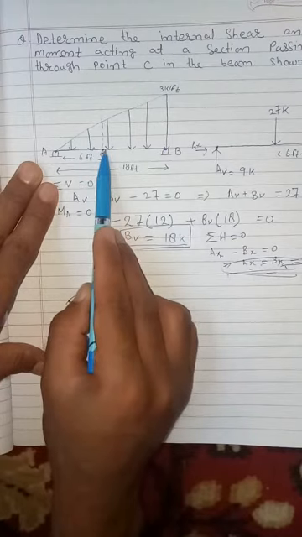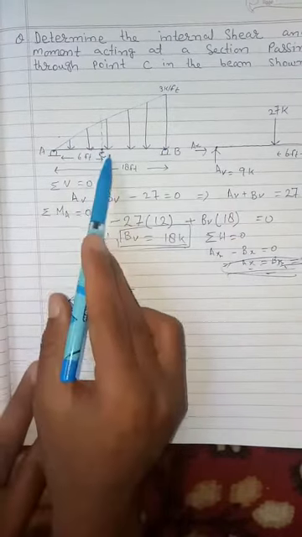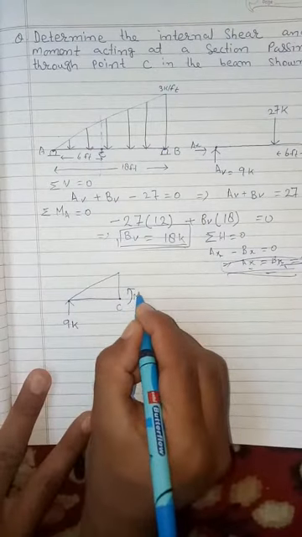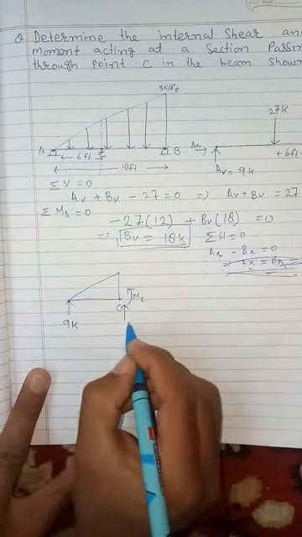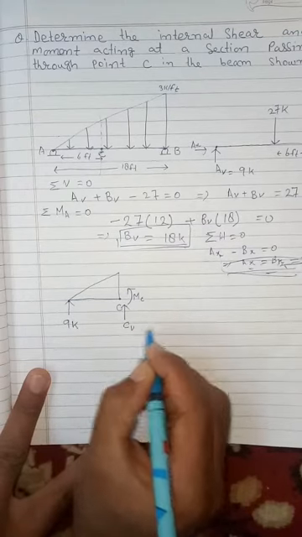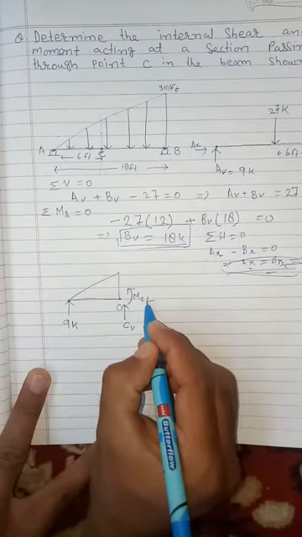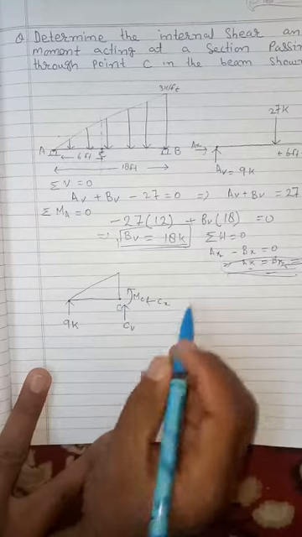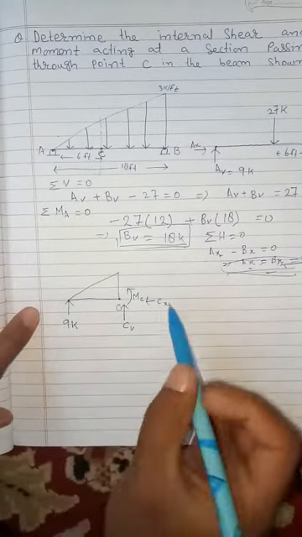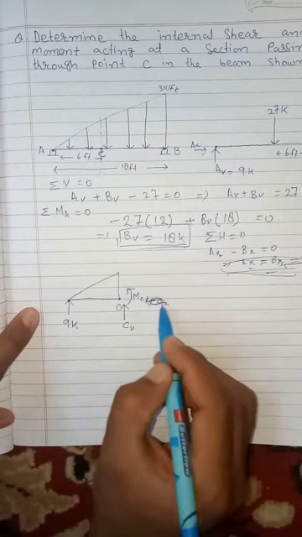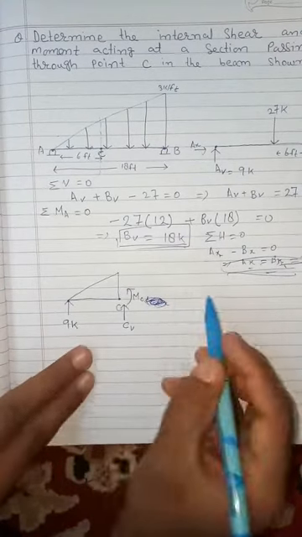This is one type of fixed support at point C, so it will give three reactions: a moment at C, one vertical reaction, which I will write as CV, and one horizontal reaction, which I will write as CX. There is no horizontal force, so CX will be 0.